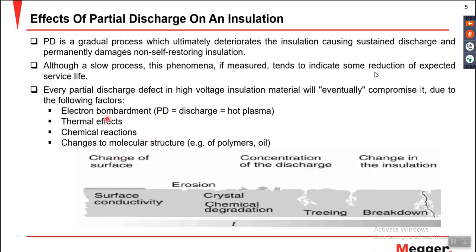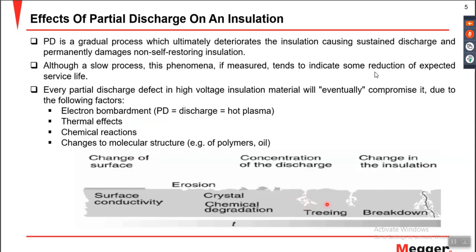So whenever there is a PD, it is a kind of electron bombardment at that particular place. Whenever a PD happens, it creates a hot plasma, or a very high temperature, at that localized point. And once there is heat, it is going to have some thermal effects.